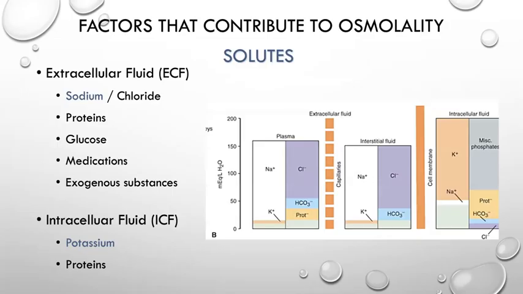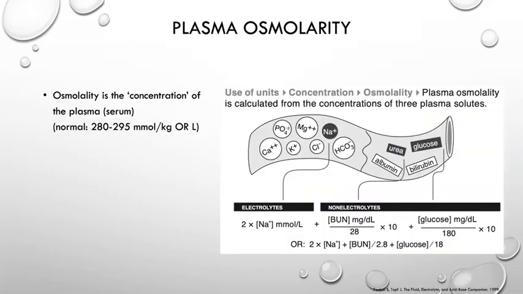In extracellular fluid, sodium, chloride, proteins, glucose, and medications contribute to osmolality. In the intracellular fluid, potassium and proteins are the key solutes. Each fluid space has its own osmolality.